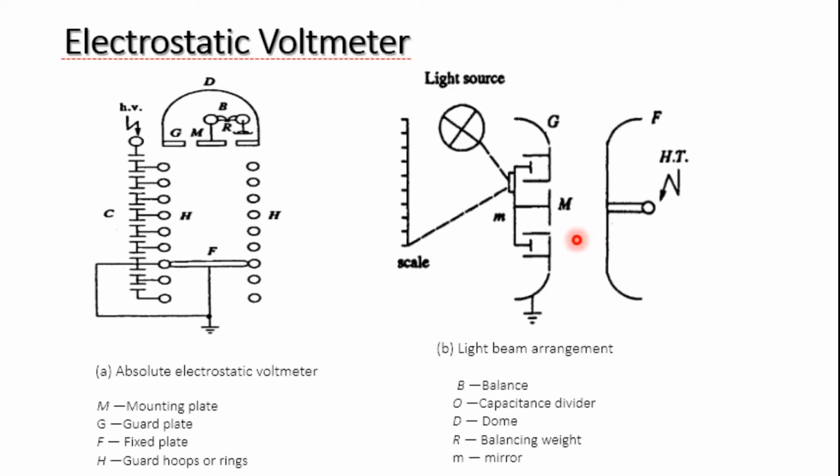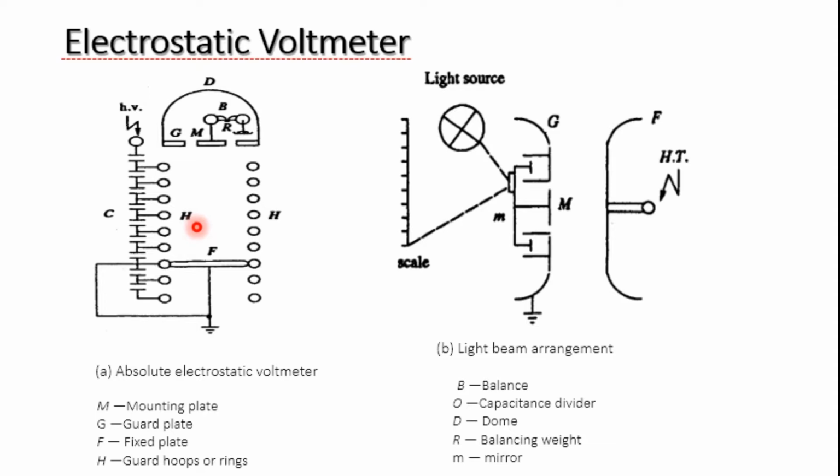The uniformity of the electric field is maintained by using H, the guard hoops or the ring which surrounds the space between F and M. The guard ring H is maintained at a constant potential in the space by a capacitance divider, ensuring a uniform spatial potential distribution.